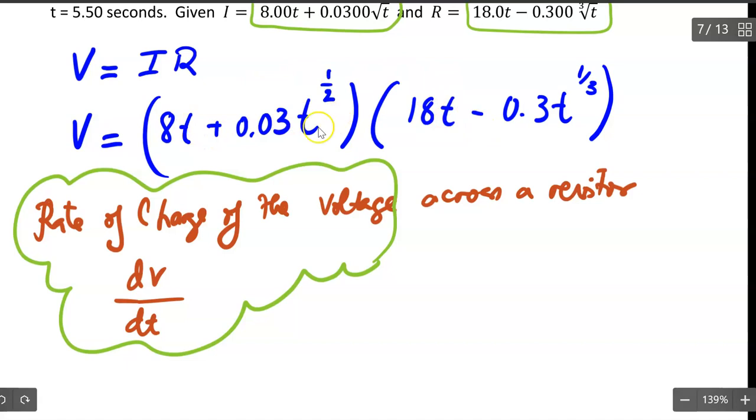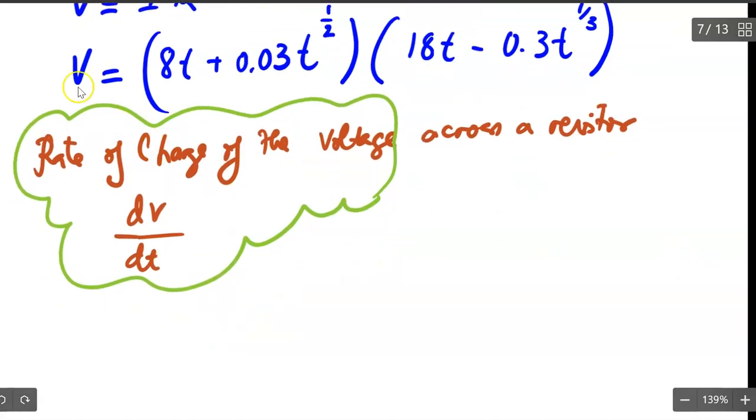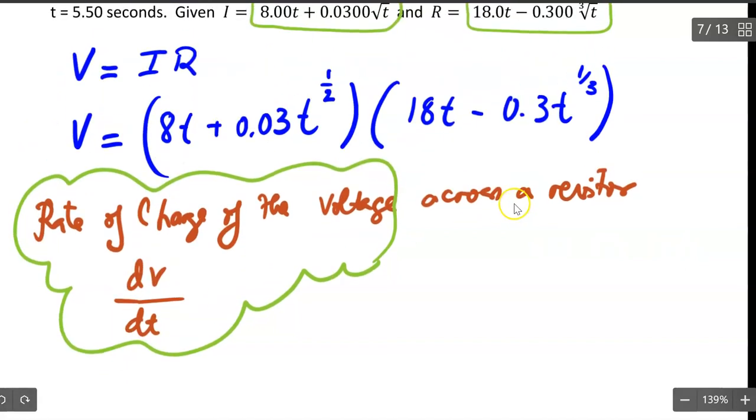I'm going to simplify my process by expanding, or I will distribute the terms. So I expand this out, then after I have all the terms on their own, I will differentiate V. If you take the derivative of V as a function of time and apply the product rule, then it should be the same.